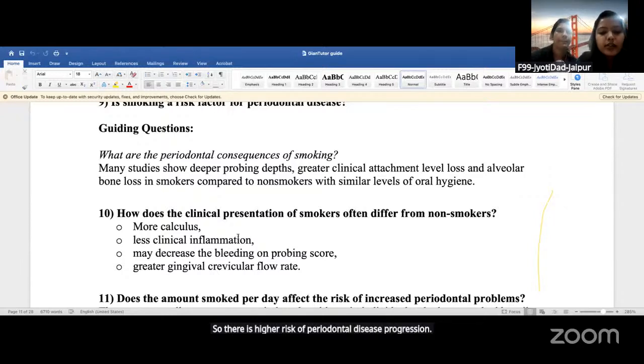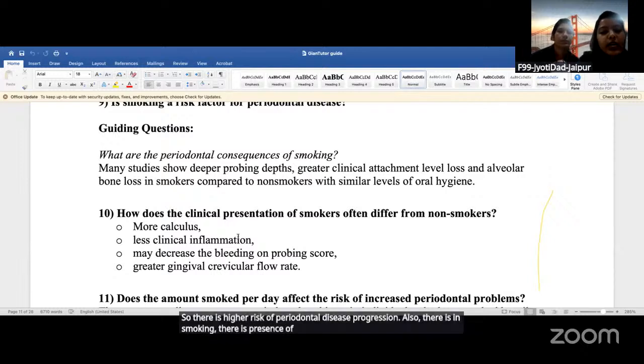Also, the nicotine and toxic chemicals in cigarette smoke reduce neutrophil function and impair the immune response, making the periodontium more susceptible to periodontal invasion, thus reducing the immune response and impairing healing.